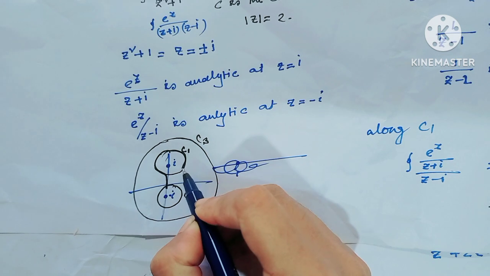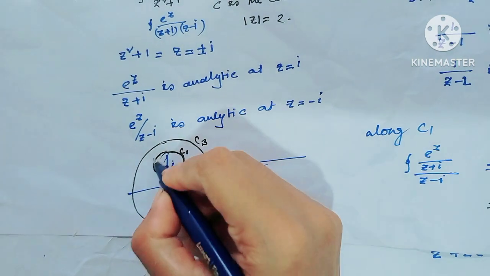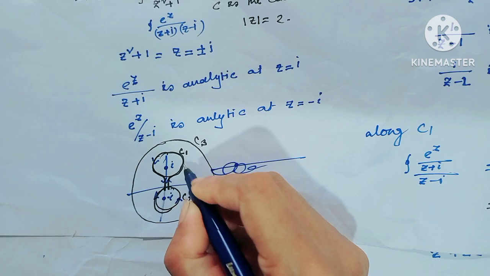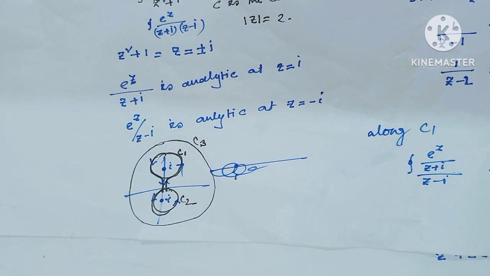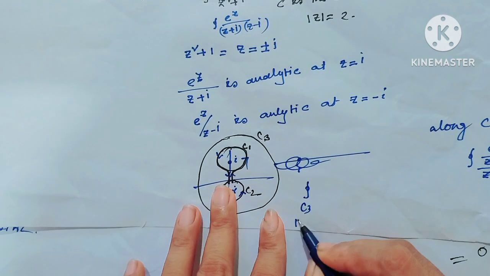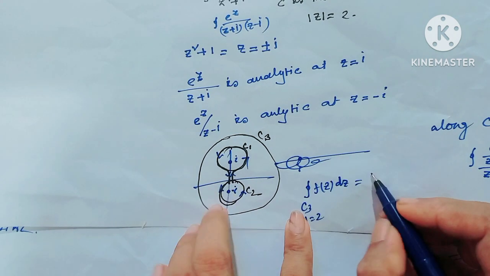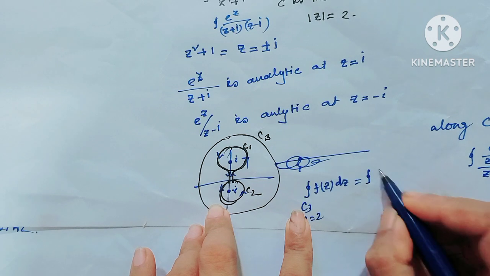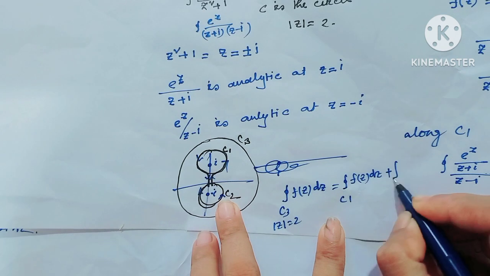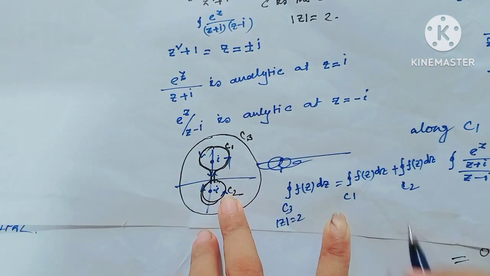We can deform these two contours in this direction. Then the integral along C3, that means mod z equal to 2, of f(z) dz, is equal to the integral along C1 of f(z) dz plus the integral along C2 of f(z) dz. I hope all my viewers have understood.